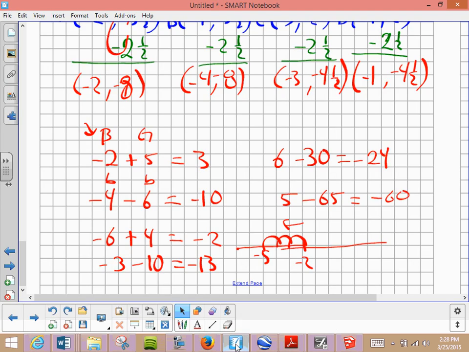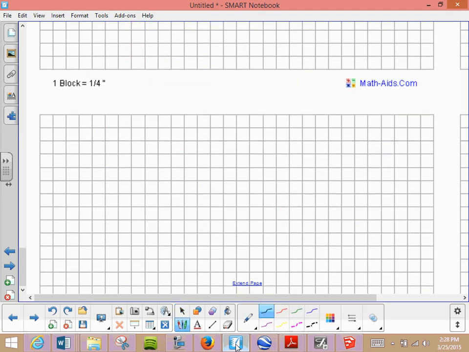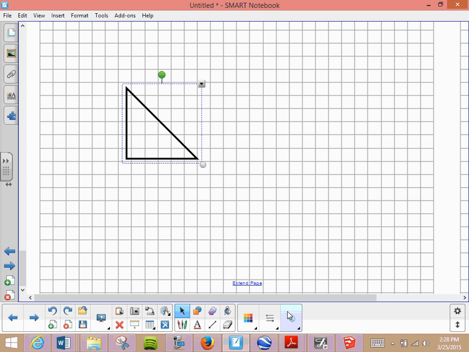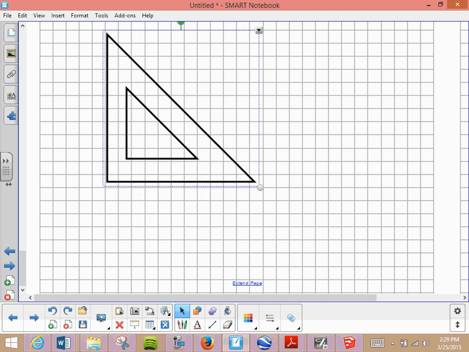So I'm going to show you another example that proves this concept. I'm going to grab this one right here, and I'm going to clone it to where it's exactly the same as that one. And watch what happens when I expand it. What happens?